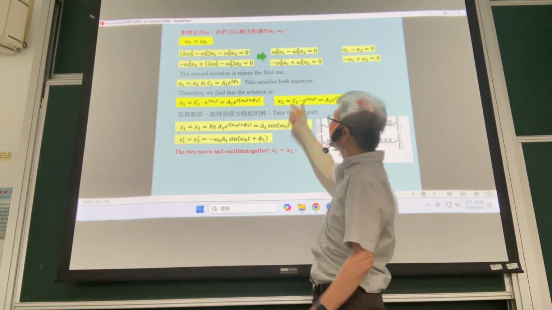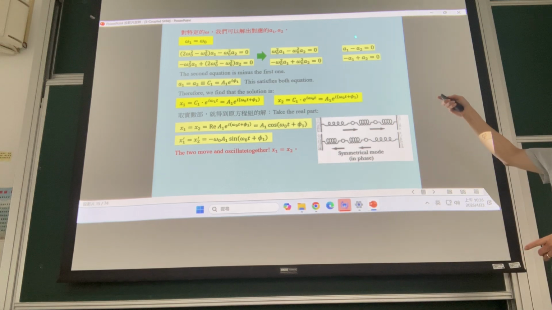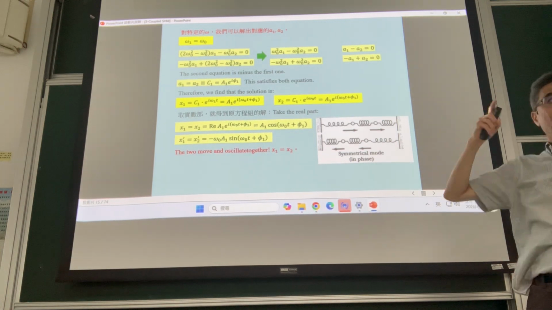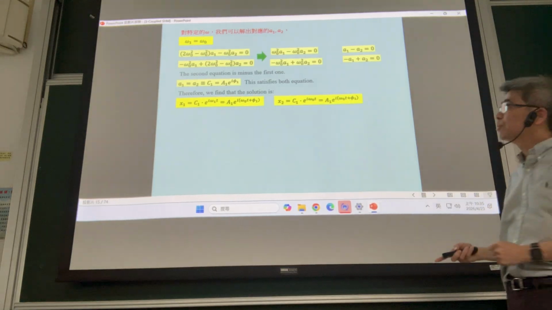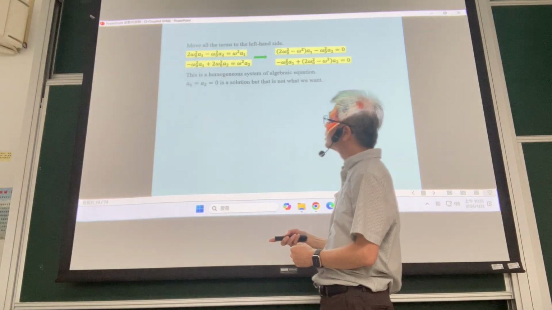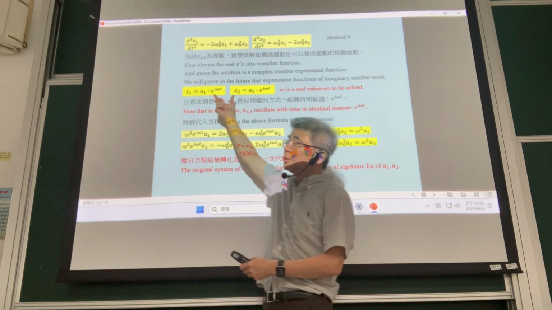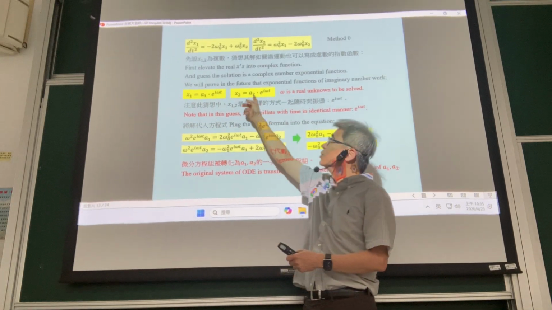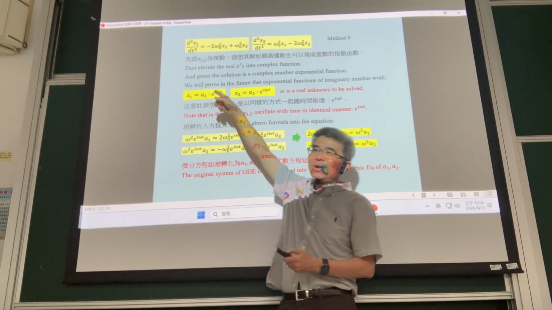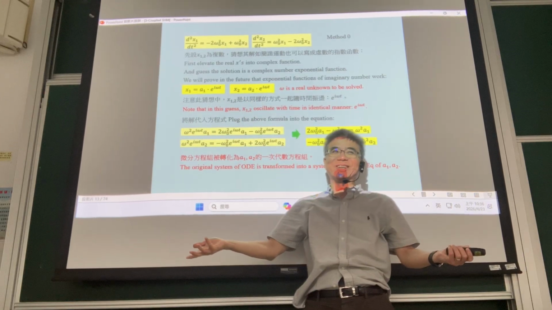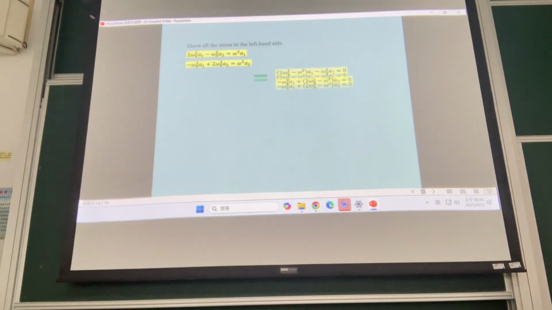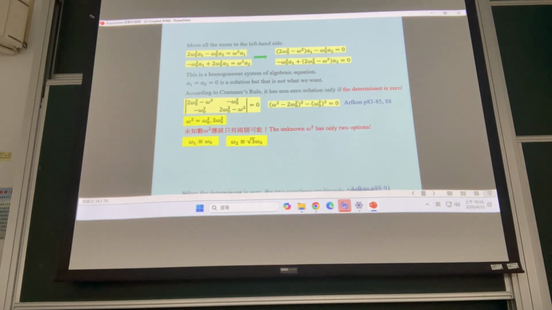And that's the result of A1 minus A2 equal to 0, so A1 equal to A2. Remember our original assumption, A1 is the amplitude of x1, A2 is the amplitude of x2. So if A1 is equal to A2, of course x1 is equal to x2. It's so simple. Okay, so maybe it's a bit weird on the blackboard.